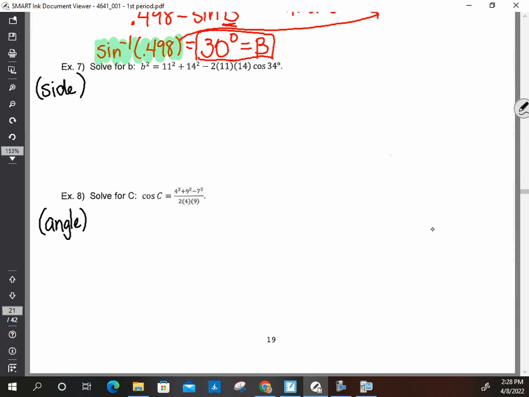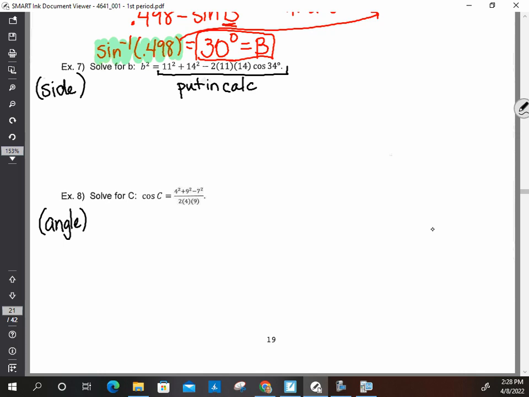So you're solving for b. B squared equals 11 squared plus 14 squared minus 2 times 11 times 14 times the cosine of 34. So if you're using your calculator, first thing you can do is literally take everything on the right-hand side and put it in the calculator.